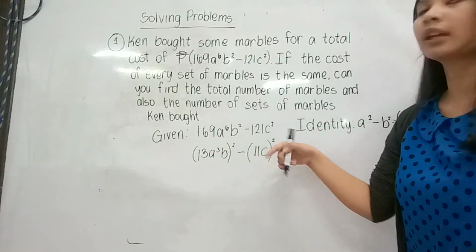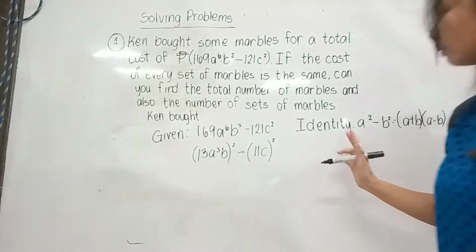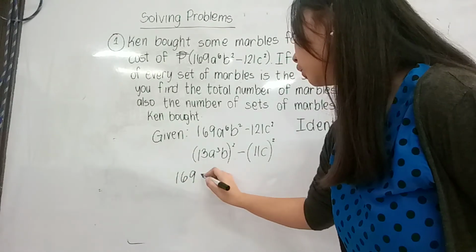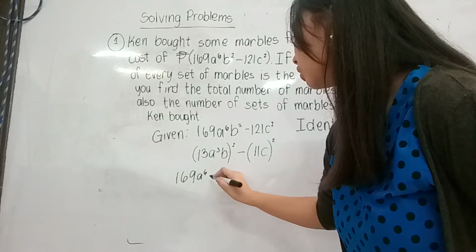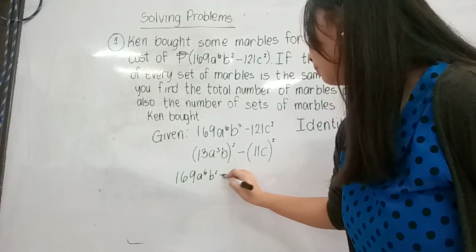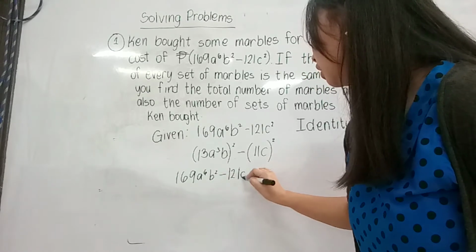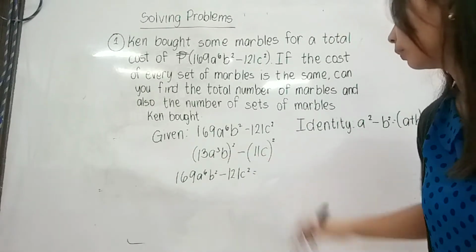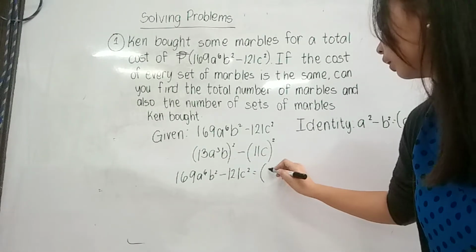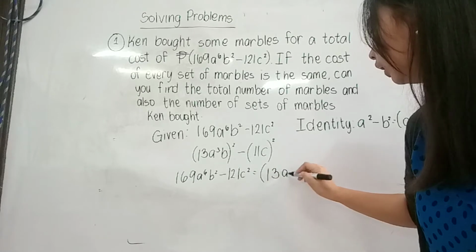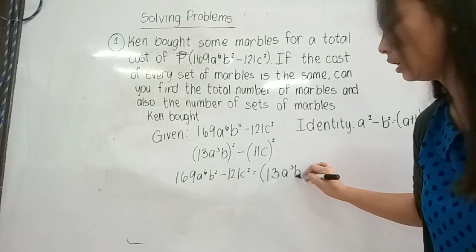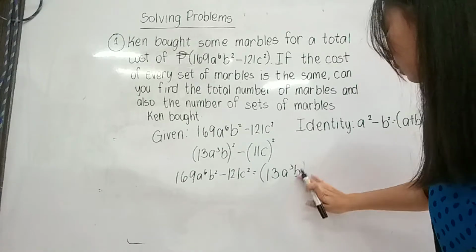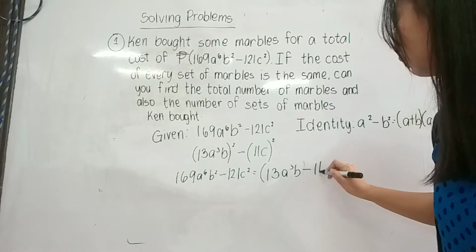So, ngayon, pwede na natin i-apply si identity sa given natin. So, copy lang muna natin si ating equation. 169 a raised to 6b squared minus 121c squared is equals to, copyhin lang po yung nasa loob ng parenthesis, is 13a cube b, parenthesis, minus 11c.